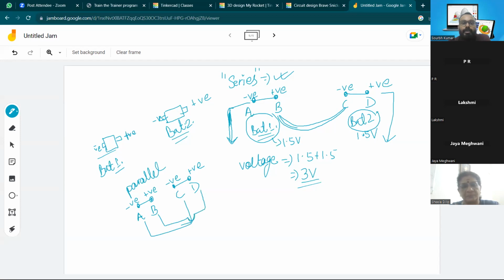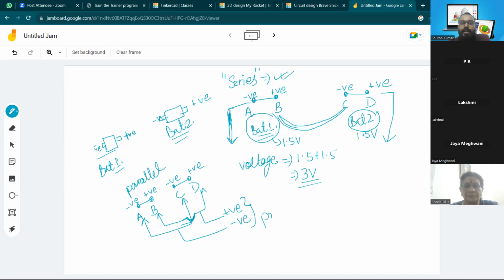This symbol is represented so that this wire is not interconnected. Okay, so B is connected to D and C is connected to A, and we have to take out one wire from this and one wire from this. Then we will have the positive terminal in here and negative terminal in here in parallel connection.